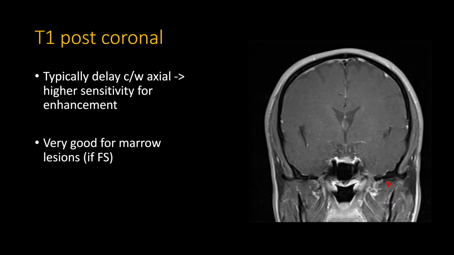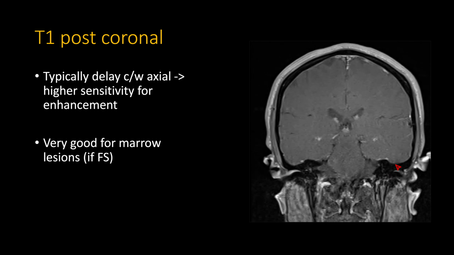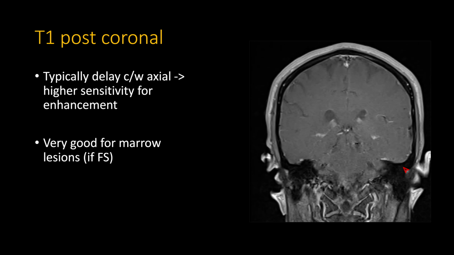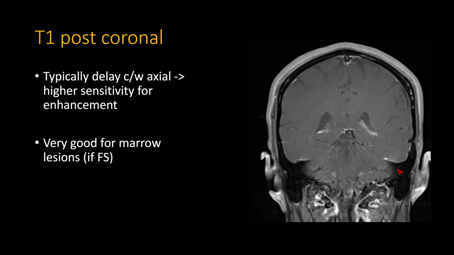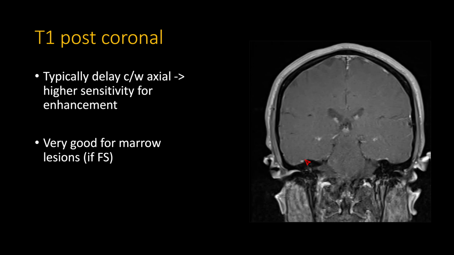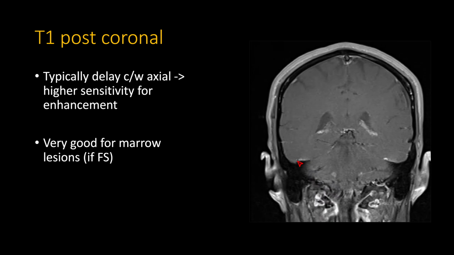So enhancement in these regions is sometimes much better seen on coronals, especially if you have mastoid effusions and you're worried about mastoiditis. Take one quick look on the coronals right here adjacent to the mastoids, because if you see pachymeningeal enhancement in the floor of the calvarium right next to mastoids that are also opacified and angry, that's suspicious for mastoiditis with intracranial extension.